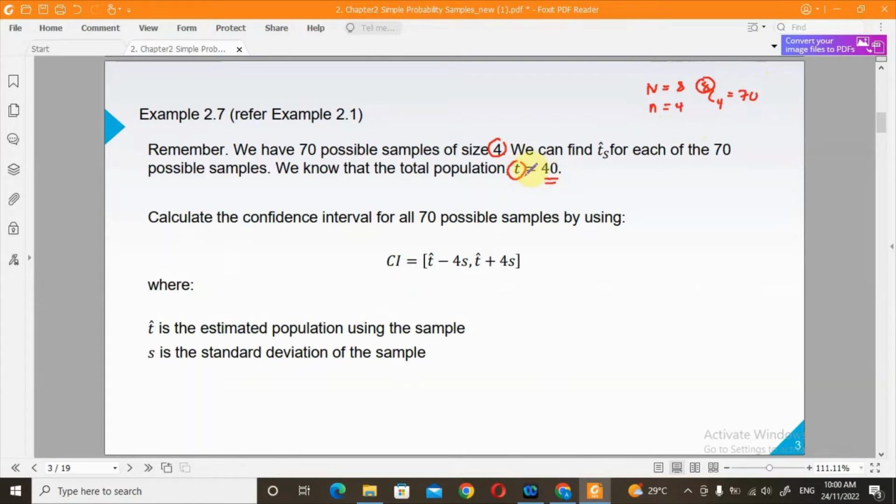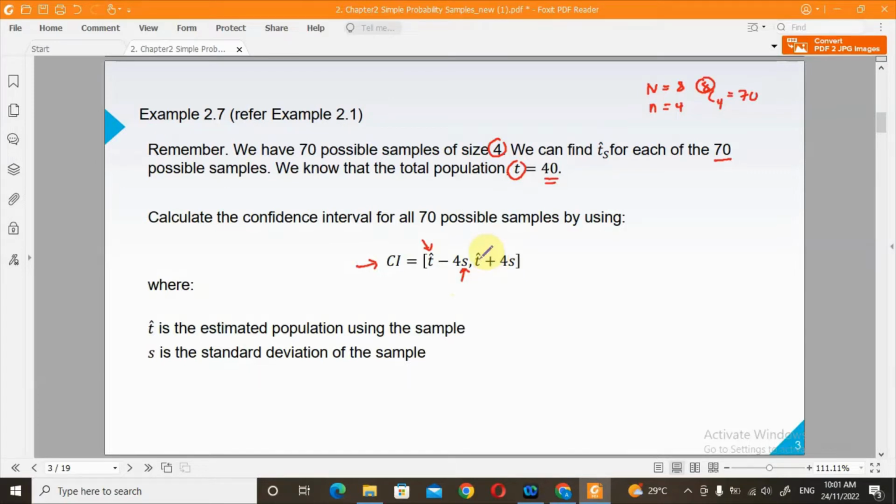Remember, this is not the estimated population total, but the actual population total. And you can use this formula to calculate the confidence interval, where T hat is the estimated population total of each sample. If we have 70 possible samples, you should be able to calculate the estimated population total and also the standard deviation for each of the 70 possible samples.